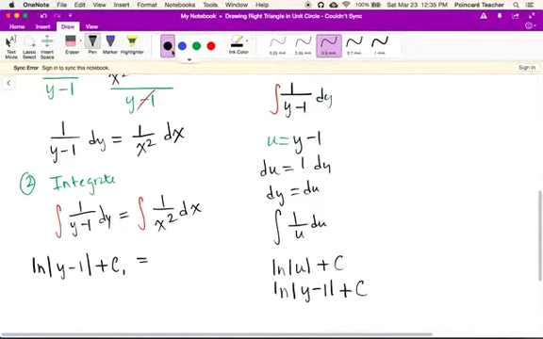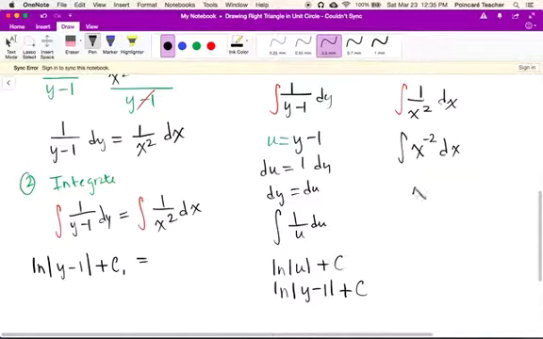Okay, so now the right side, we have the integral of 1 over x squared dx. Okay, so this one, we're not going to use u-sub because I can make this look like a polynomial. So I can rewrite this as x to the negative 2 dx, and now I can use the add 1, divided by new exponent rule.